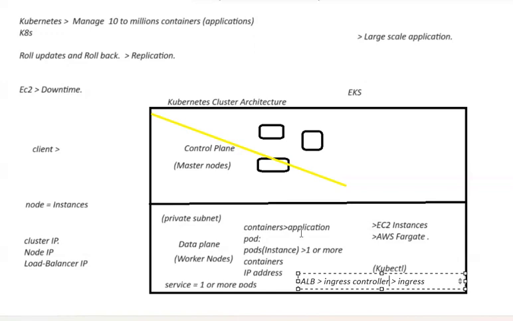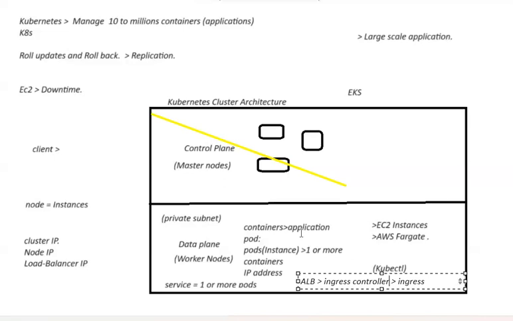Where will my applications run, in master nodes or in worker nodes? My applications will run under my worker nodes. Where do my application containers present? Under pods. So what do we call a pod? How many containers do I have?